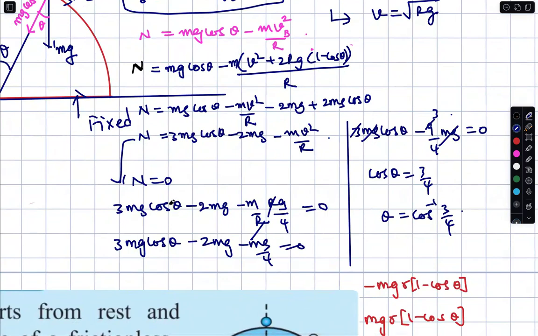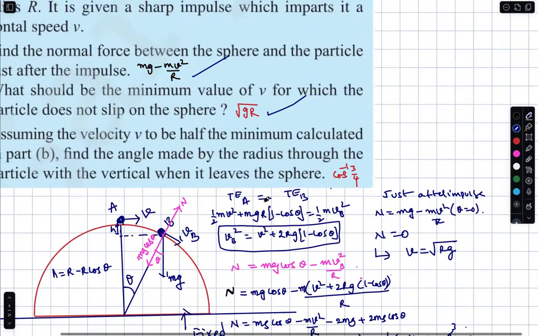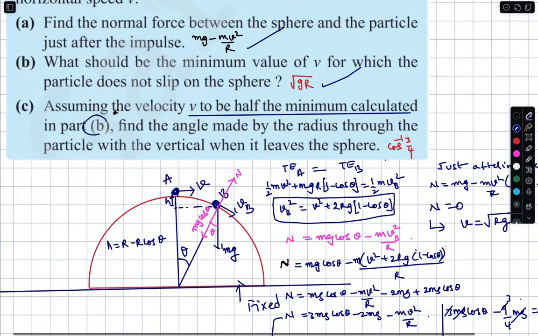This is clear for you? In the question, you have given the condition. V to be half the minimum calculated in part B. Part B, you calculated this. Half of that means 1 by 2 times root GR. Square of that means 1 by 4 GR.